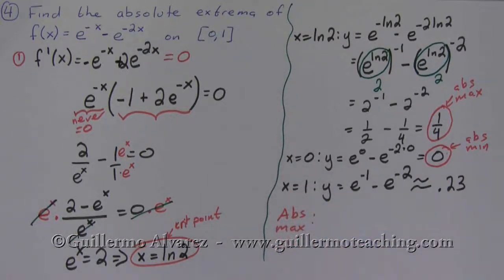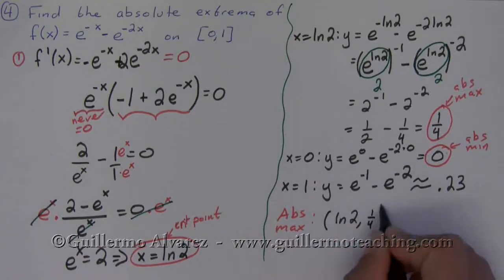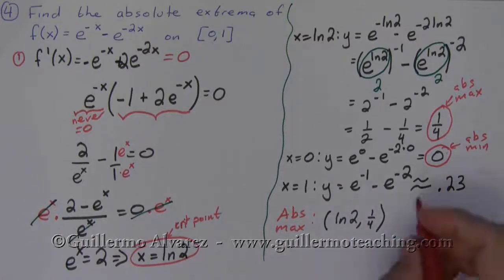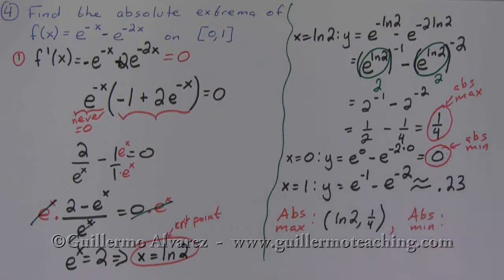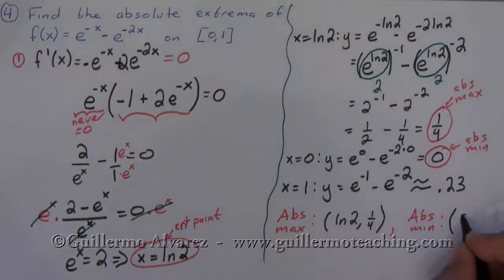Our absolute maximum is going to occur at natural log of 2, 1/4, and the absolute minimum is going to occur at 0, 0, and that's our absolute minimum.